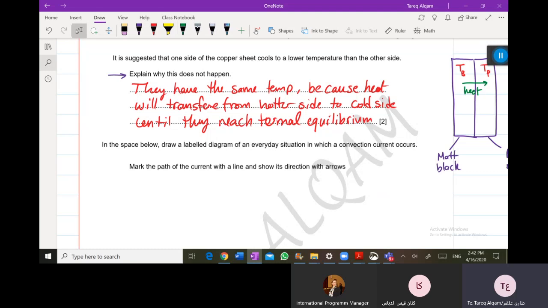Yes, because copper is a metal, so it conducts heat. It conducts what? Heat.